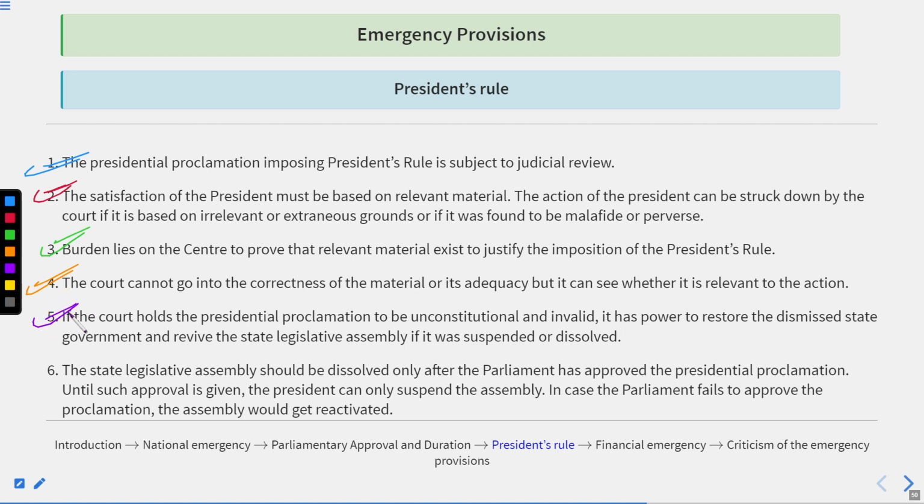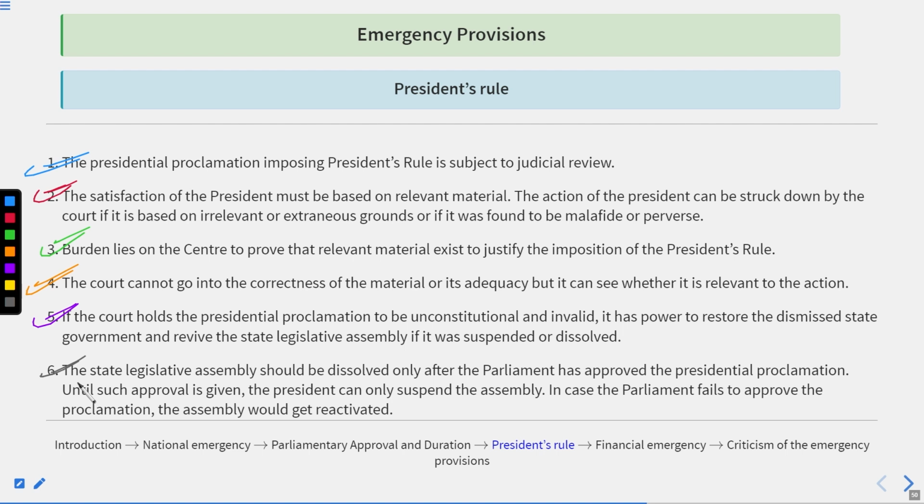Thereafter, if the court holds the presidential proclamation to be unconstitutional and invalid, it has the power to restore the dismissed state government and revive the state legislative assembly if it was suspended or dissolved. Also, the state legislative assembly should be dissolved only after the parliament has approved the presidential proclamation. Before this, no state assembly could be dissolved.